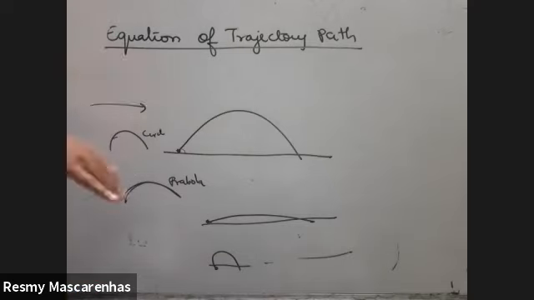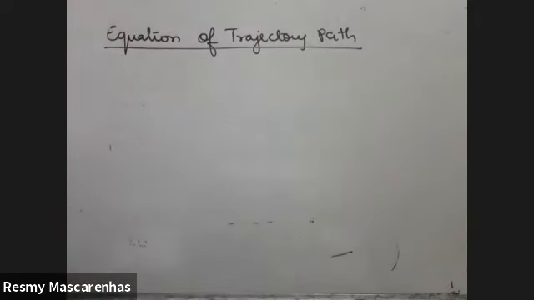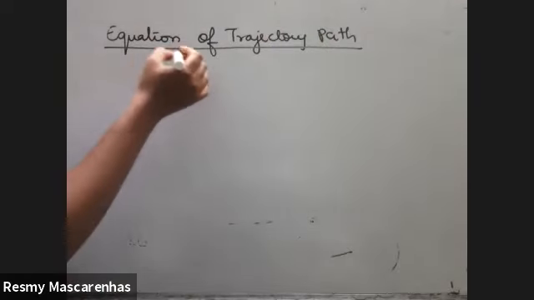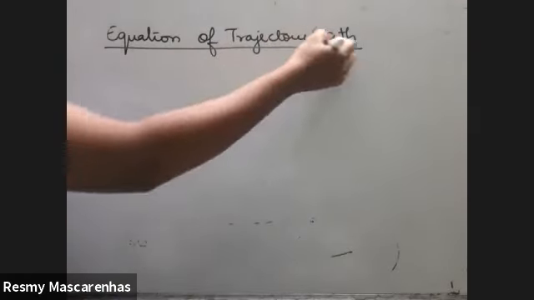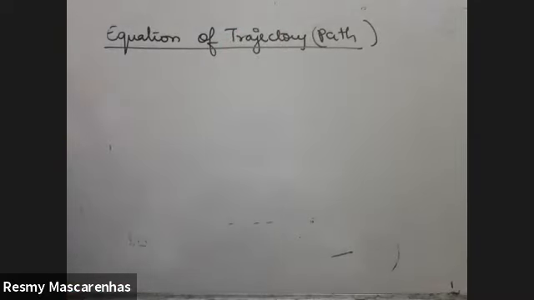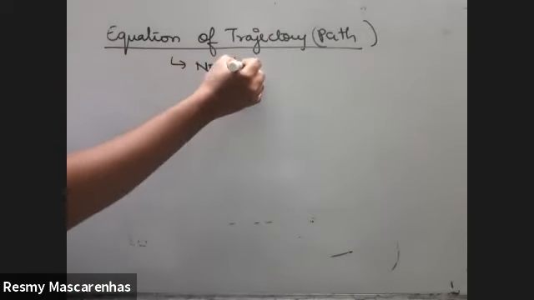So in general, what will be the equation for any path whenever you throw something? This trajectory is nothing but the path followed by the object wherever it is going. So whatever you have to derive has to have no time term.